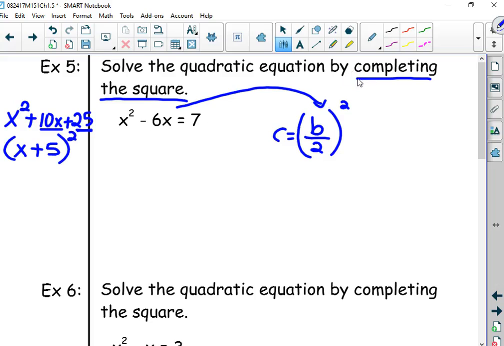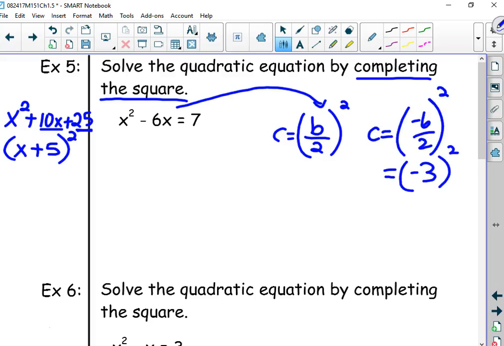Okay, so the b in this problem is -6. So our c is equal to -6 over 2 all squared, which is -3 squared, which is 9. So we're going to add 9 to both sides.